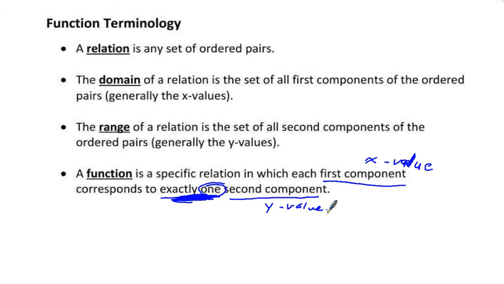Another way to say this would be, for each x there is only one y, or the x values will not repeat in a relation for it to be a function.